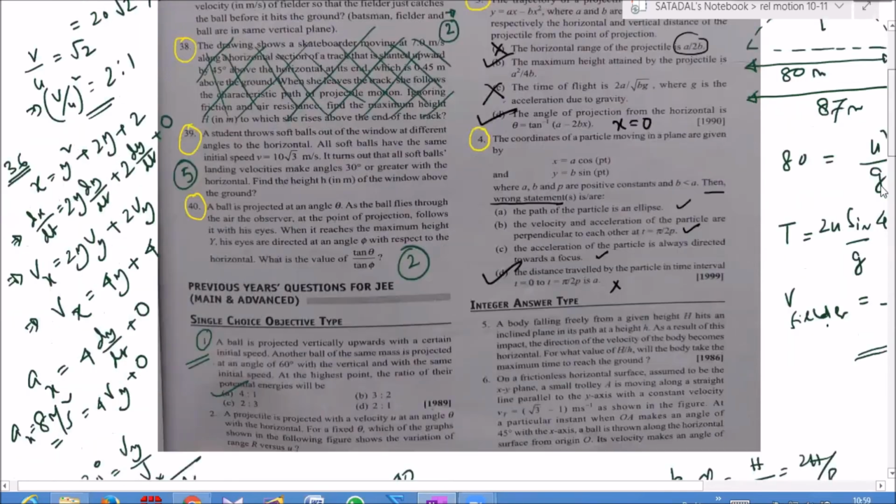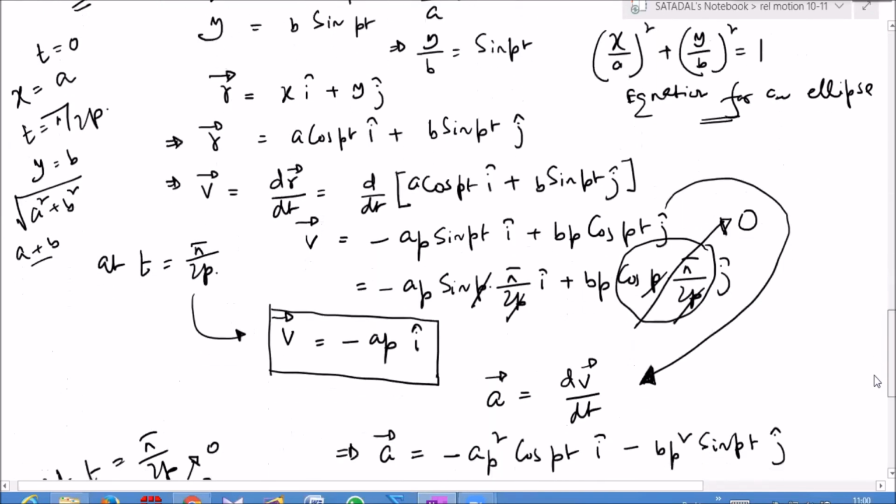Okay, so I'll show you the solution so that you can write comfortably. Yeah, so note it down.